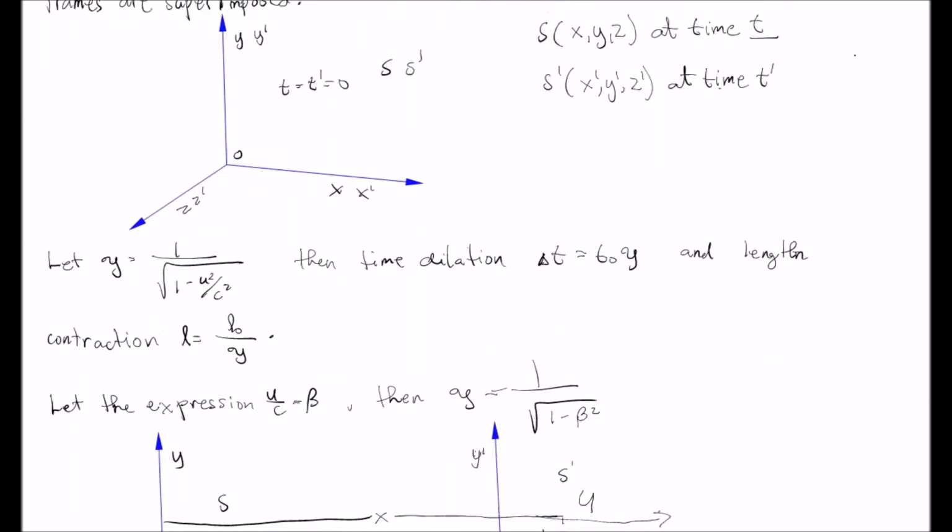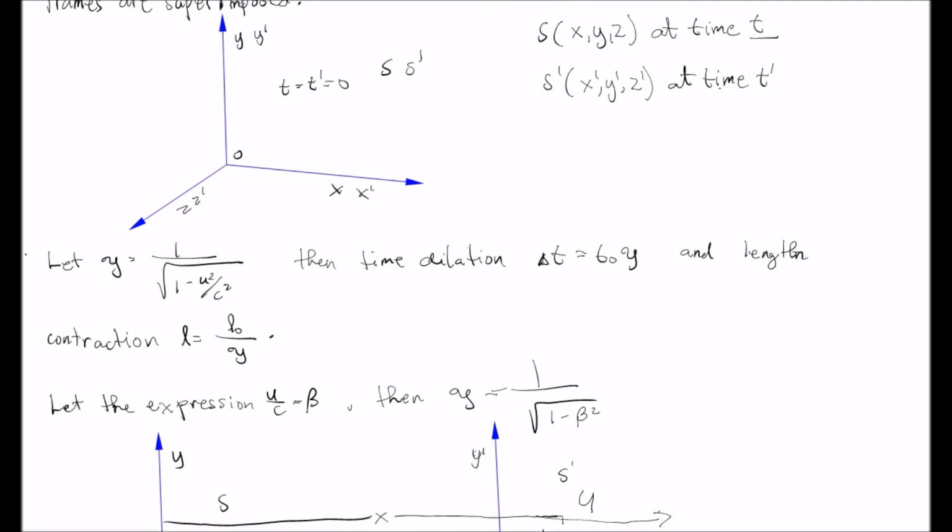So we will let this expression, 1 over square root of 1 minus u squared over c squared, usually in relativity, be expressed as gamma. This is the Greek letter gamma. So gamma here equals 1 over the square root of 1 minus u squared over c squared.